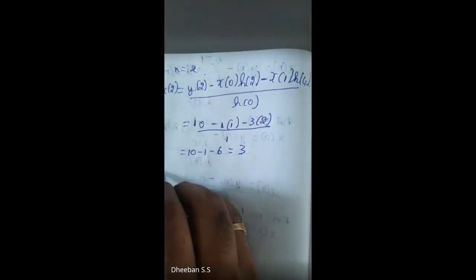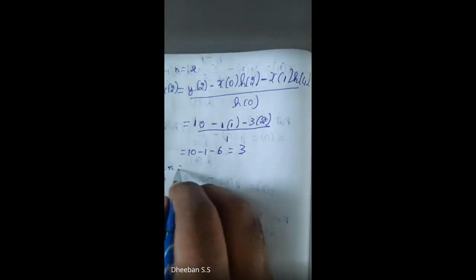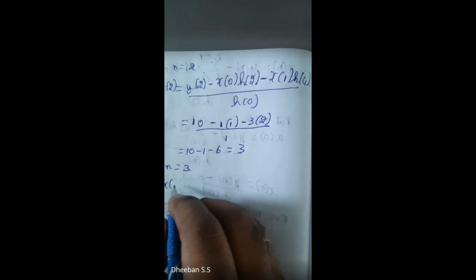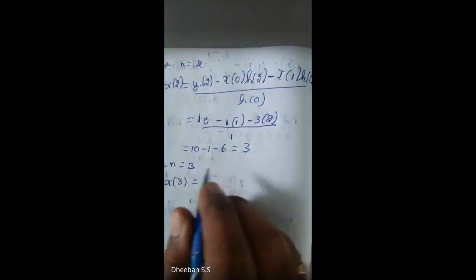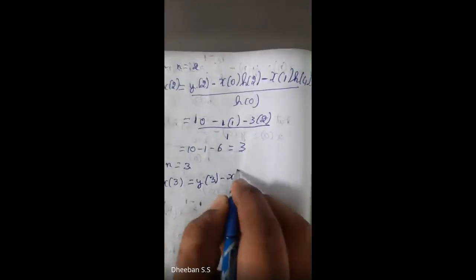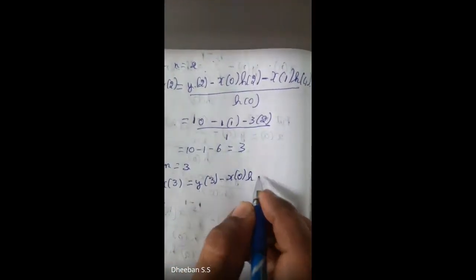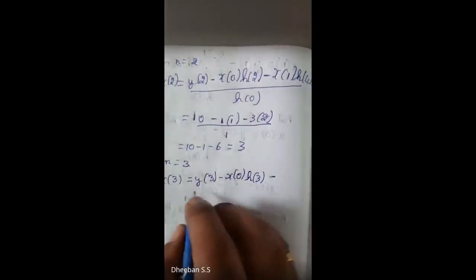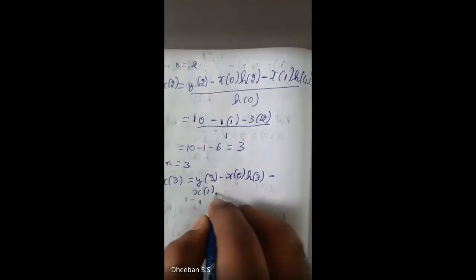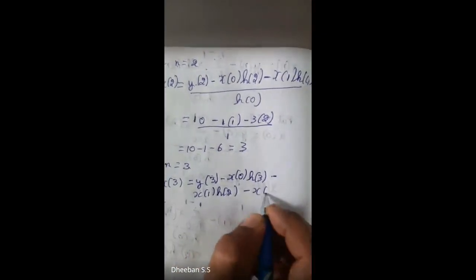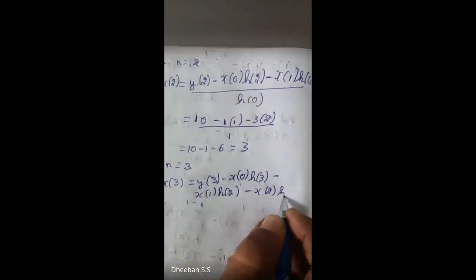Then for n equal to 3, x of 3 equal to y of 3 minus x of 0 h of 3 minus x of 1 h of 2 minus x of 2 h of 1.